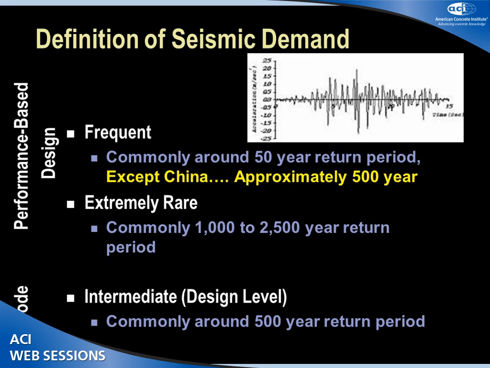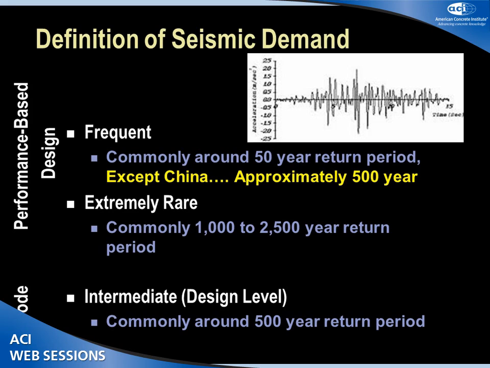So this is a significant difference in demand levels, which causes many of the designs in China to seemingly be much more conservative. There is a nuance to this, however, that you'll discover in some of my later comments. The views of inherent damping in the building are quite a bit different from, call it North American practice to Chinese practice. And that helps bridge that gap a little bit, but not close it completely.